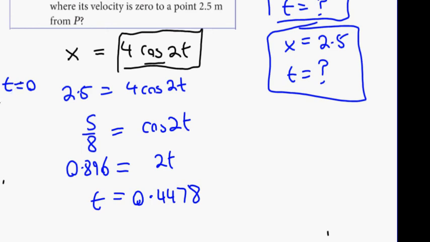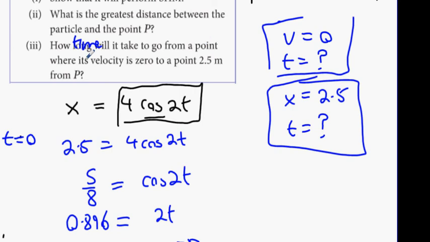Okay, so if you imagine we started off, how long does it take to go from a point where the velocity is 0? Your velocity is 0 at an extreme point. When you start off at the amplitude, you're just about to change direction, aren't you? So you start off at t equals 0, you start off at an extreme point. How far away are you from the equilibrium point? We'll call this part the equilibrium point.